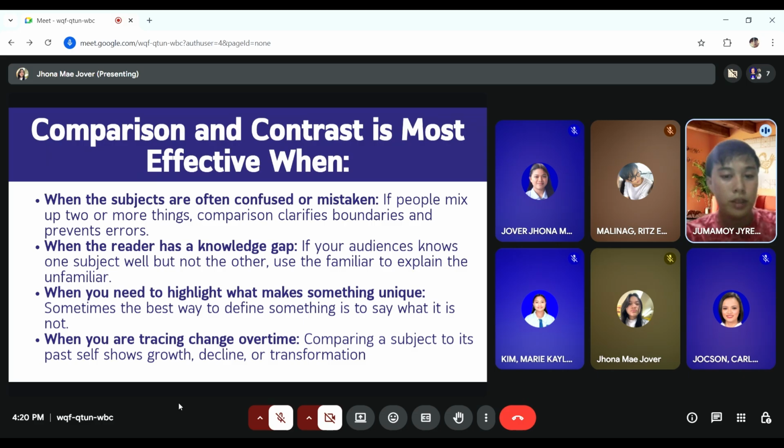And the last one is when tracing change over time. Comparing a subject to its past self shows growth, decline, or transformation. For example, early modern English during the time of William Shakespeare used forms like, thou art my friend.